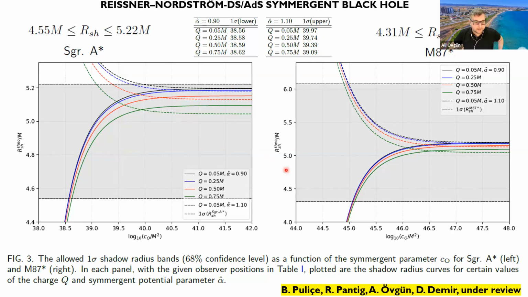It is the same for M87, but for M87 on the right side, more values are in the 1 sigma region. And somehow the effects of the dS and AdS cases become hard to distinguish as C0 gets larger in size, because the difference is very small.